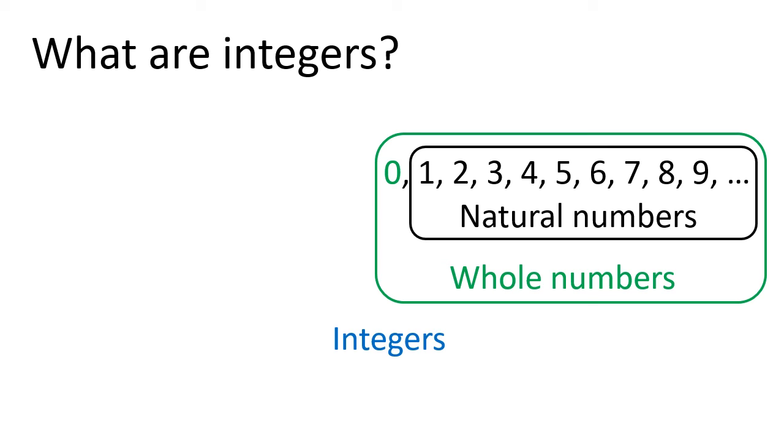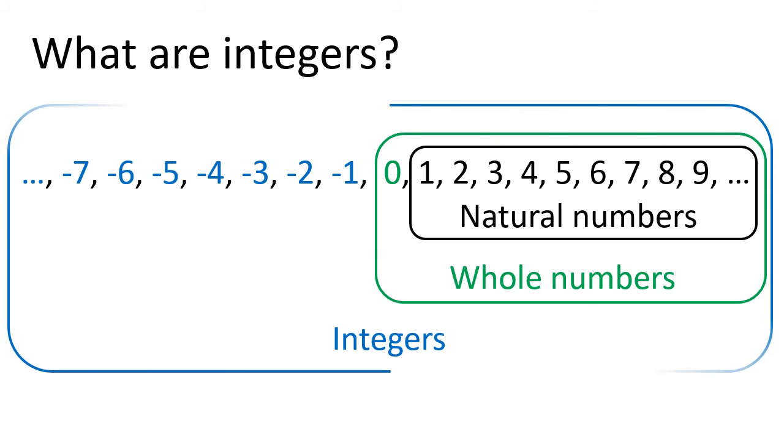Negative natural numbers are -1, -2, -3, -4, -5, -6, -7, and so on. So integers are 0, 1, 2, 3, and so on, and -1, -2, -3, and so on.